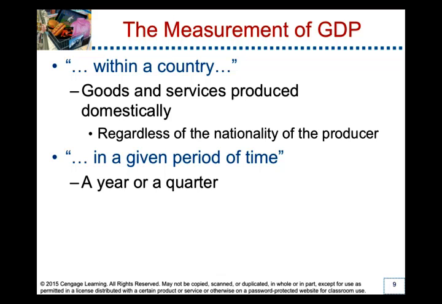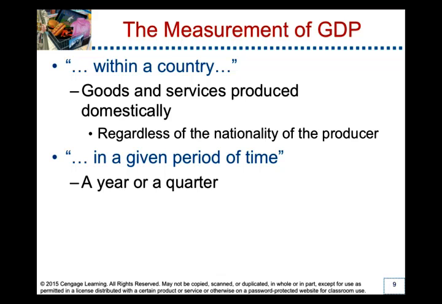So GDP doesn't distinguish whether that production is done by a foreigner or a citizen of that country. What matters is where it was produced. Anything which was produced inside the country becomes part of the GDP. Anything which is produced outside the country, even though it is produced by a US citizen, will not become part of the US GDP.